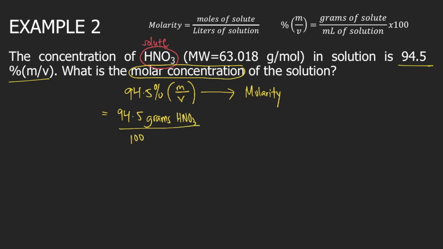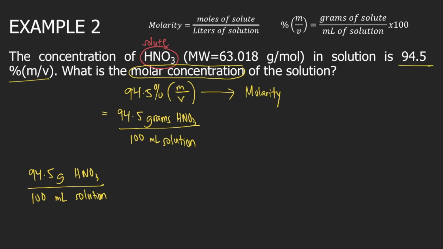So per 100 ml of solution. So let's just copy that, 94.5 grams of HNO3 per 100 ml solution. So we have grams on top and ml on the bottom.